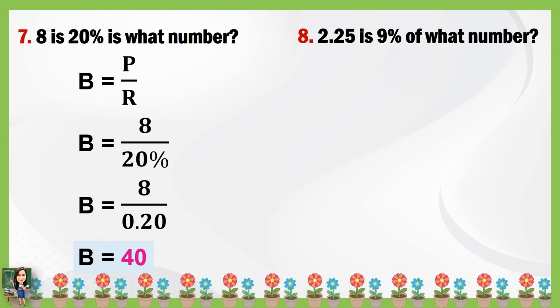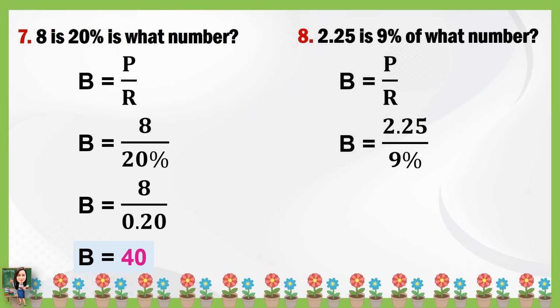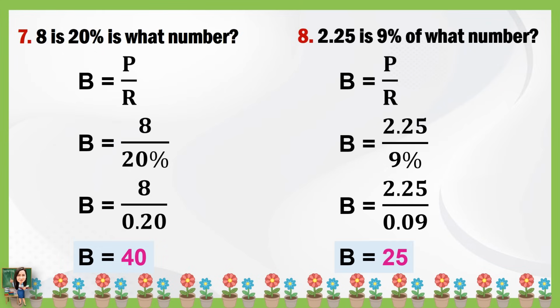The base is 40. Number 8. 2 and 25 hundredths is 9% of what number? Use this formula. Base equals 2 and 25 hundredths divided by 9%. In decimal, 9% is 9 hundredths. 2 and 25 hundredths divided by 9 hundredths equals 25. The base is 25.